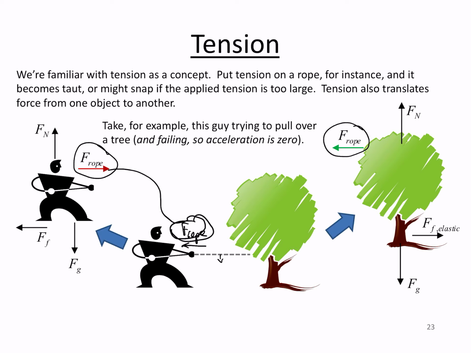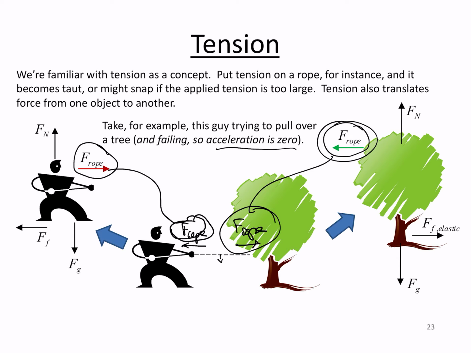And on the other end, well, there has to be a force of the tree on the rope, which has to be in this direction. Okay, and again, this and this would be a third law pair, right? Because it's the rope and the tree interacting. And so we can see that these two forces that are being exerted on the rope by the tree and the guy respectively, those have to be equal and opposite because the rope is not accelerating, okay?